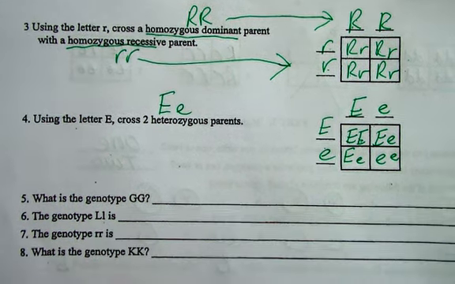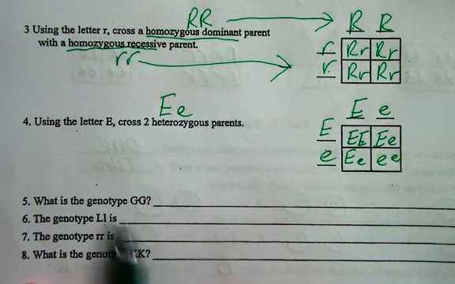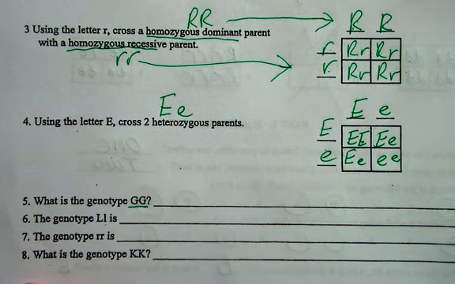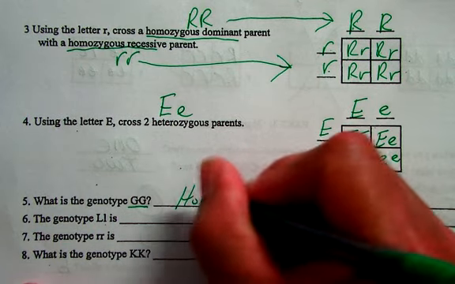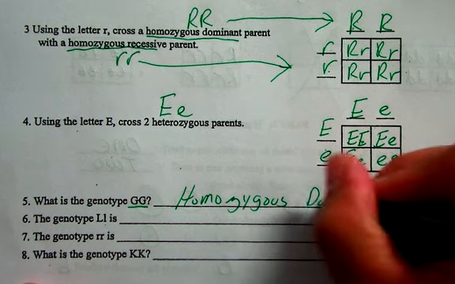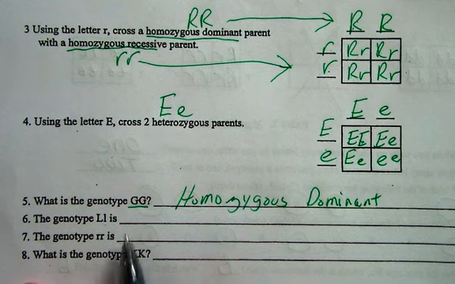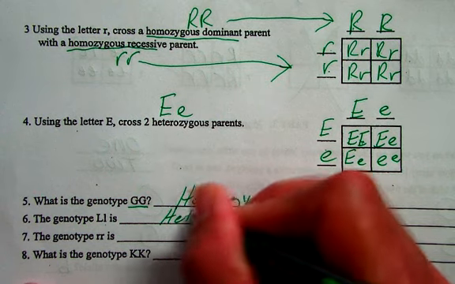And then for the last questions, it just says, what is this genotype? That is homozygous dominant. This next one is heterozygous.